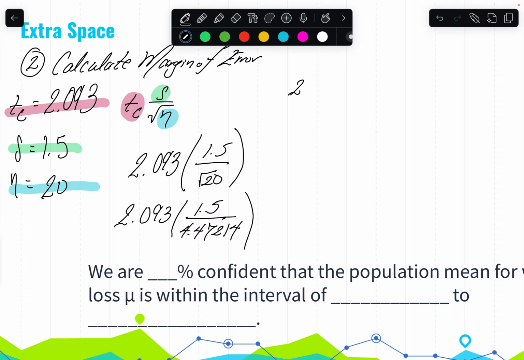That's going to give us the number inside the parentheses to be 0.3354. It's 0.9, so I'll put 1 as the last number there. Okay. 2.093 multiplied by 0.33541. Multiplying these two numbers together, we get a margin of error of 0.702. I like to report that one to the 3 decimal places.